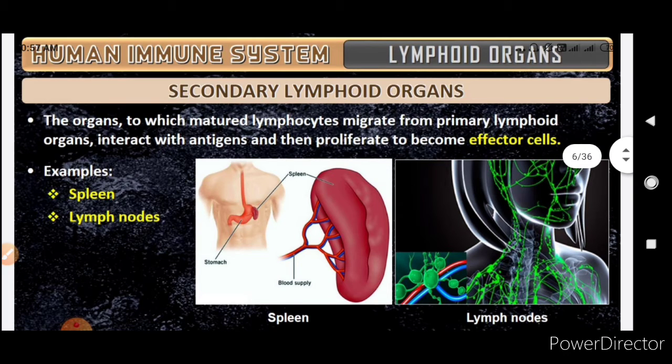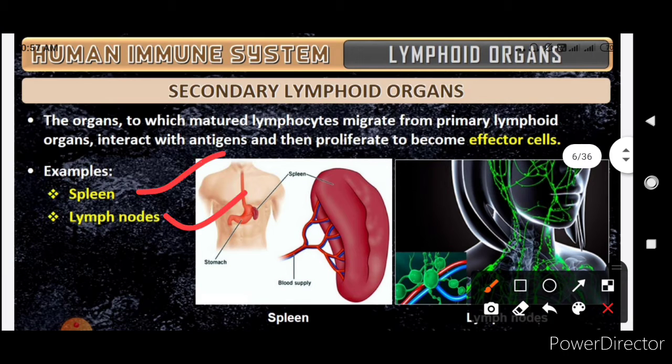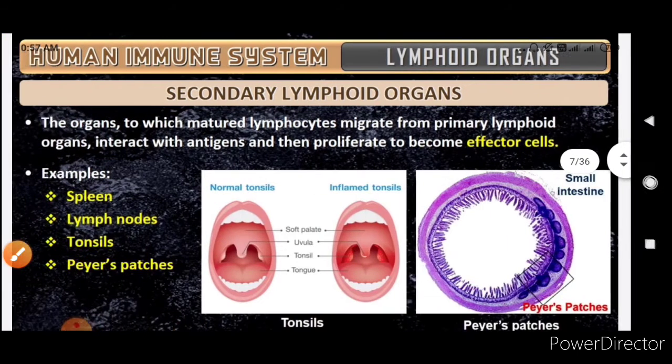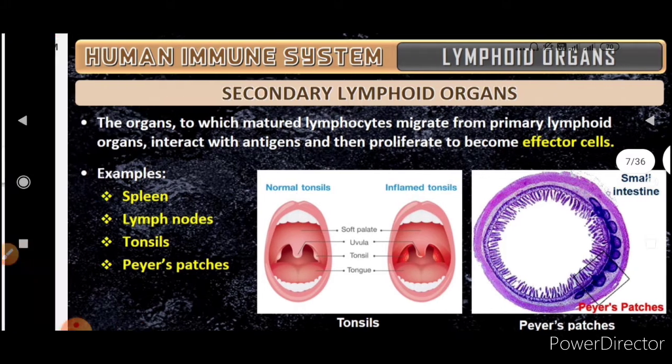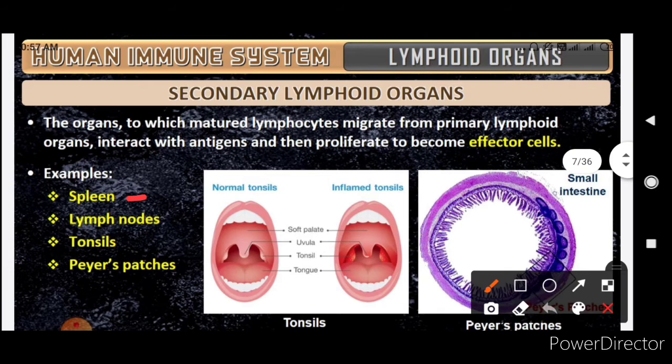These are the spleen and lymph nodes, examples of organs to which matured lymphocytes migrate from primary lymphoid organs. So spleen, lymph node, tonsil, Peyer's patches are all secondary lymphoid organs.